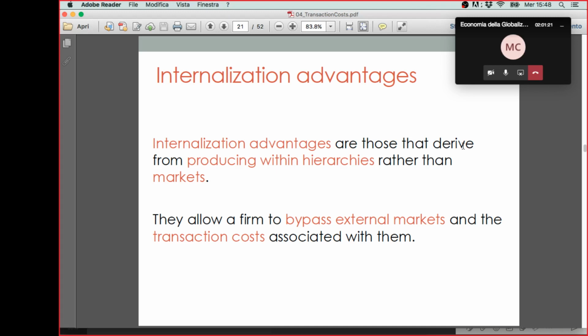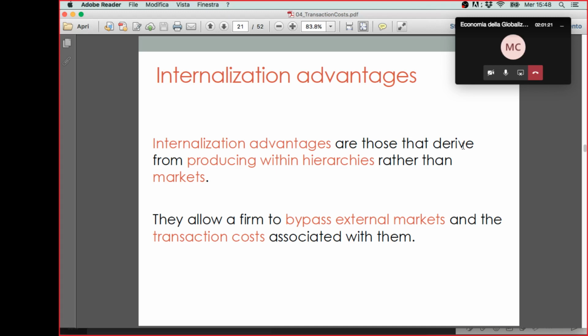The fact that taxes are not the same across all countries, and in some countries you can have lower taxes than others, can create an advantage in terms of internalization, because you may want to internalize an activity that is located in a country just because that country applies to that activity a lower tax rate compared to your home country. So in this sense, you want to exploit the tax differential between countries in order to increase your profits. Again, there are several examples that can be made about this.